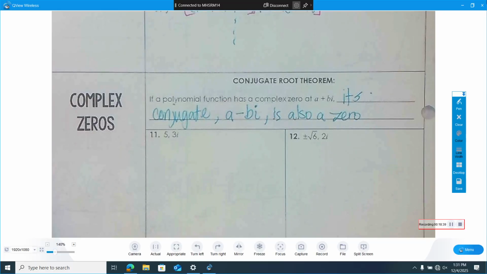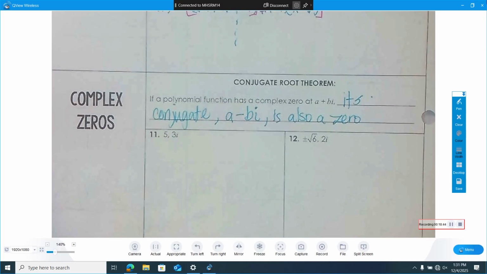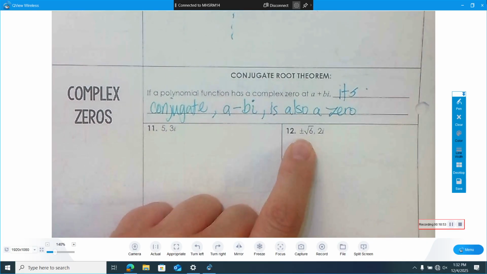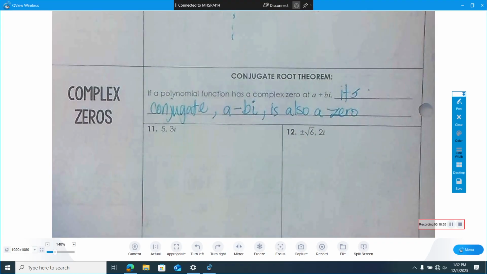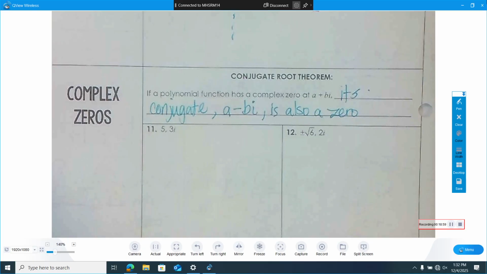So they love giving questions like this that, hey, one of the zeros is 3i. And what you have to know is that i's always come in pairs. Just like things with radicals, they come from the quadratic formula, which has the plus or minus always involved. The same is true when we get i's. We will never get i by itself. It always comes in opposite pairs, plus or minus. And that's what you need to know.